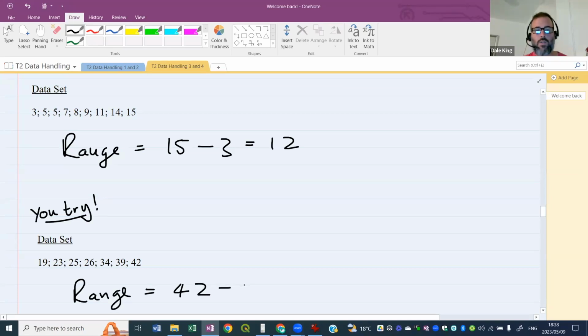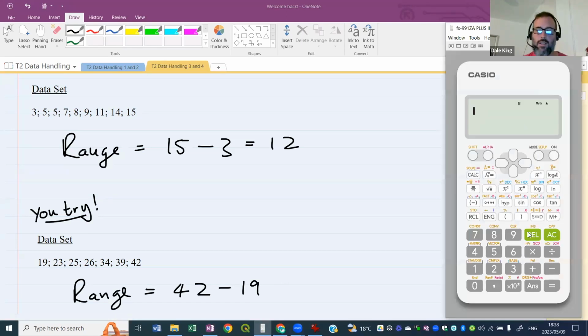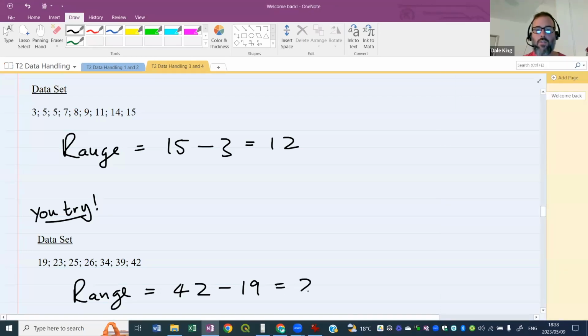The highest is 42. The lowest is 19. Use your calculator, guys. It's there to work for you. Let it work for you. 23. Good job. Well done. An easy 2 marks in the exam. You're hoping for this question in the exam. Work out the range. Determine the range.